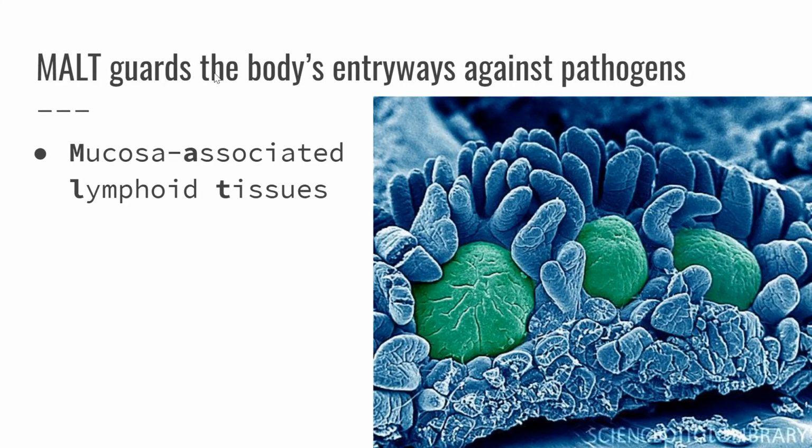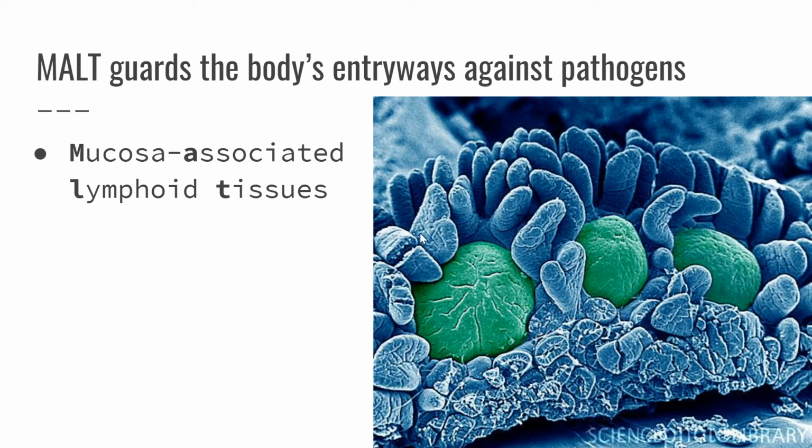There is a name for this, and it is MALT. MALT is an acronym for mucosa-associated lymphoid tissues. So basically, we were just talking about that epithelium that forms our mucous membranes. There are some areas that also have lymphoid organs sitting inside of them to form a double layer of protection.